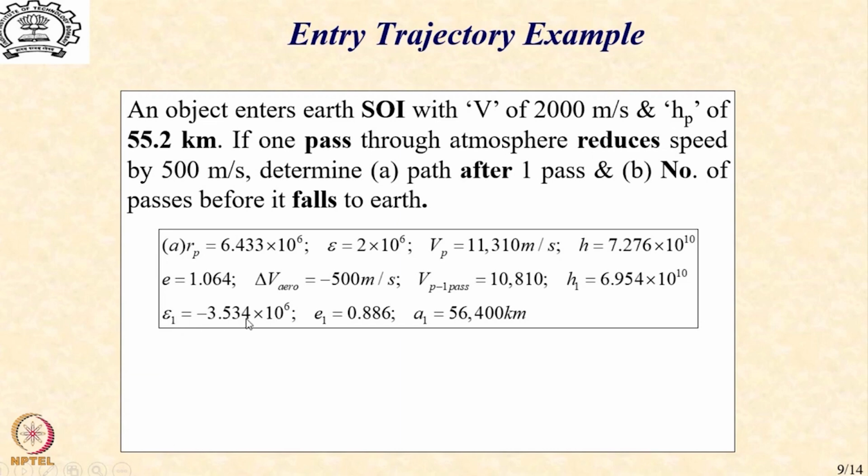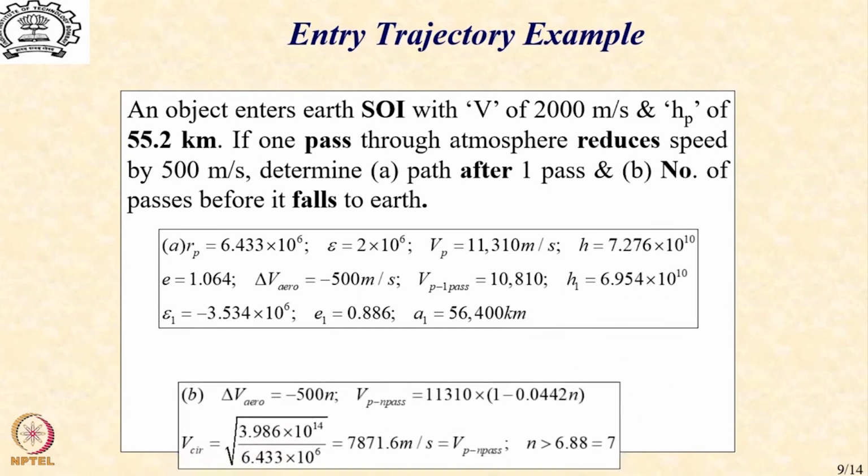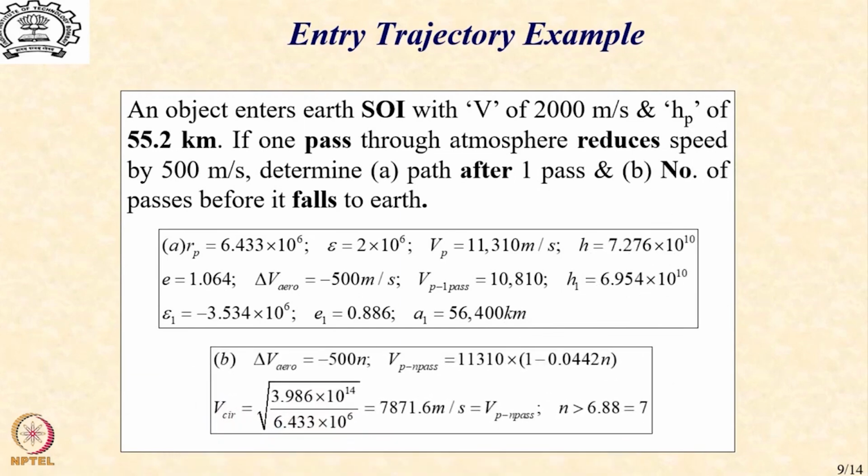We look at the energy and we find that after one pass, the eccentricity becomes less than 1. So the E square is also lesser than 1, but not less than 0. With these parameters, we find that it will take approximately 7 passes before E square will become less than 0, and then it will start falling back to Earth as a ballistic object.